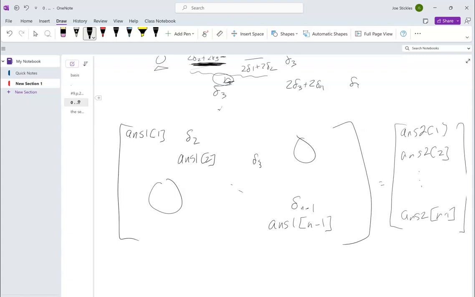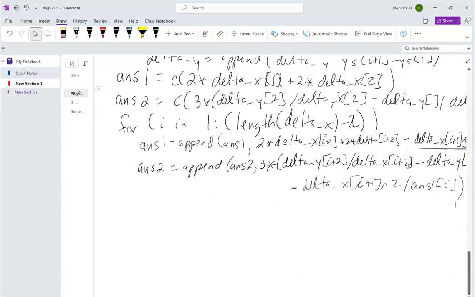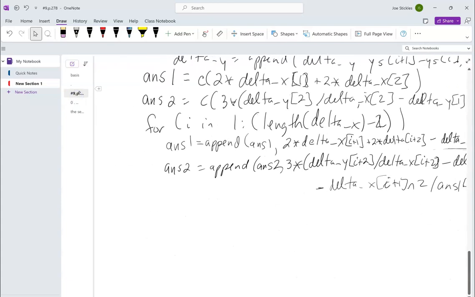Okay, let's think about it this way. Let's say we start with initializing some list, because this should be where we're getting our list of C values at this point, right?